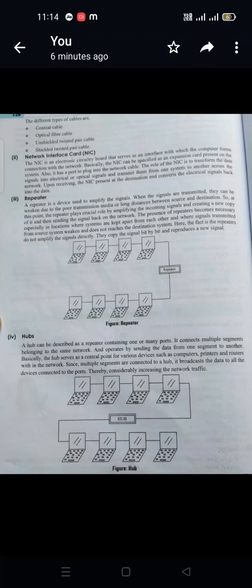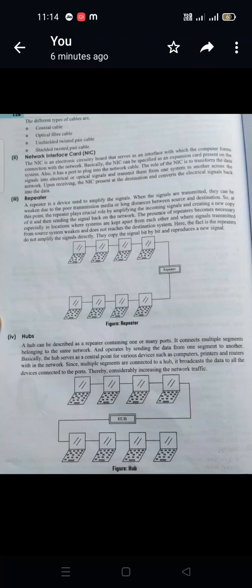At that time, if you use a repeater, it reproduces the original strength of the signal. It copies the signals bit by bit and reproduces a new signal with the strength it had at the initial stage. Observe the figure here: through the network, if a repeater is used, it amplifies the signal, avoiding slow transmission, so speedy transmission of data can be done by using a repeater.